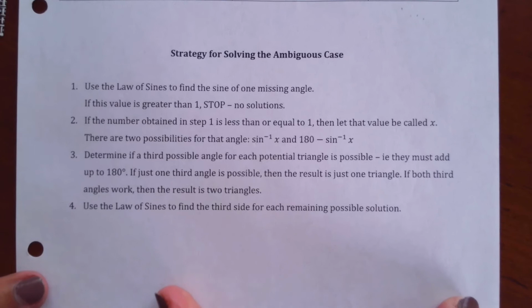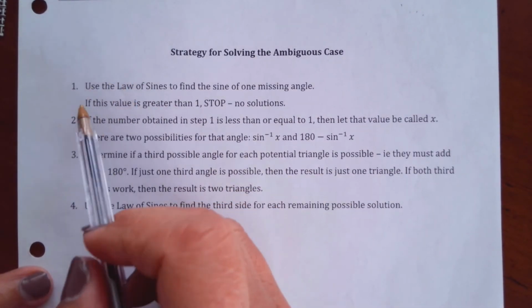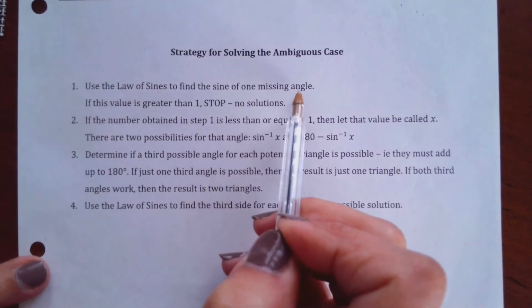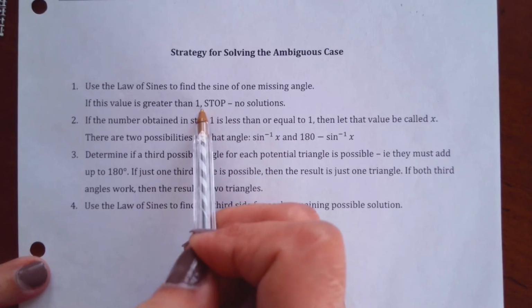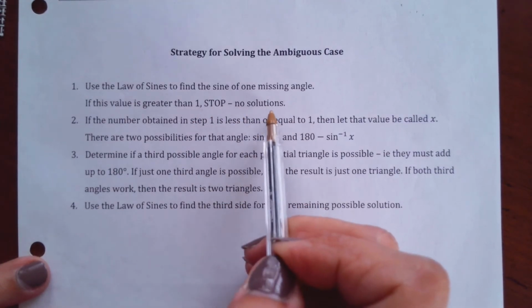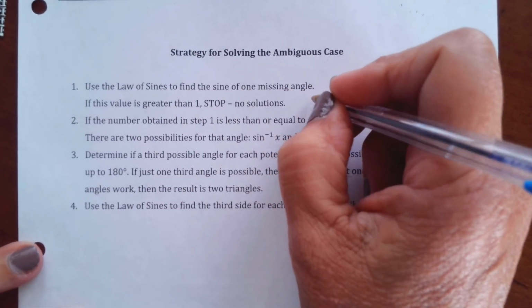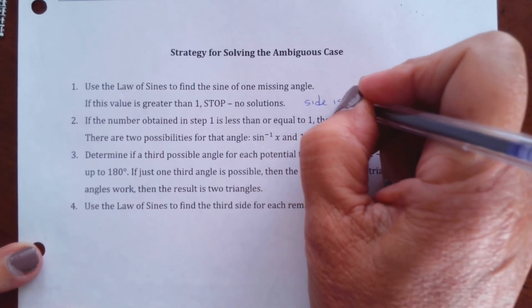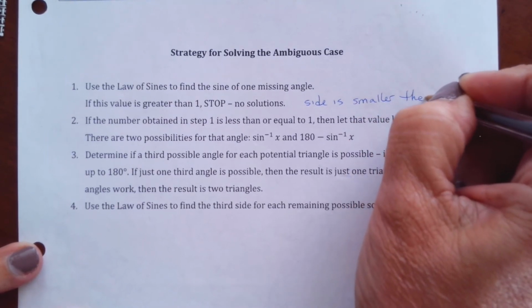So let's kind of look at the strategies I'm going to give you to kind of help you do this. So steps to do this. Step 1 says use the law of sines to find the sine of one of the missing angles. If this value is greater than 1, stop, because there's no solution. Now, that's the one where the side is smaller than h.